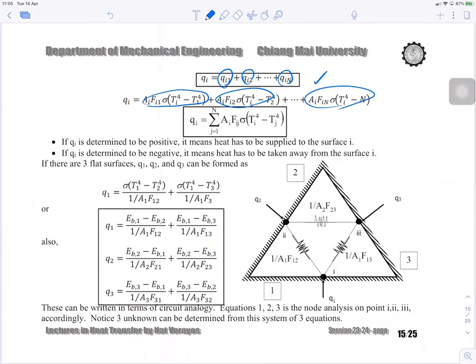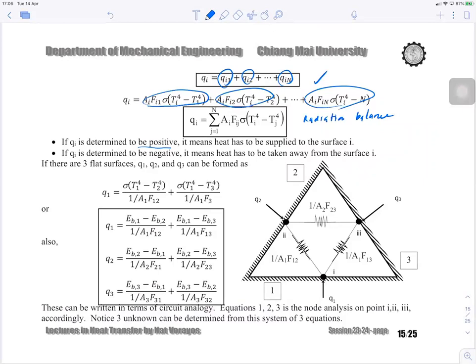So for the radiation balance, you're going to have Qi equal to this summation. As I listed over here, if Qi is positive, it means that heat has to be supplied to surface i.